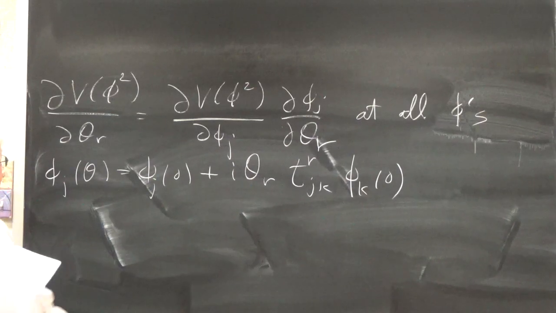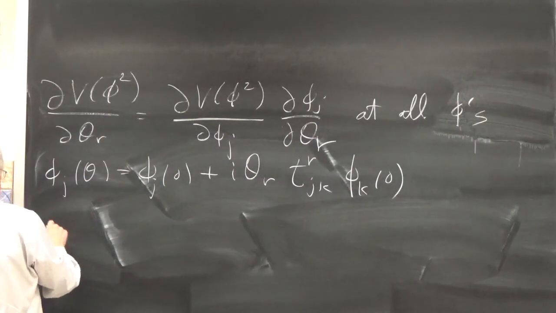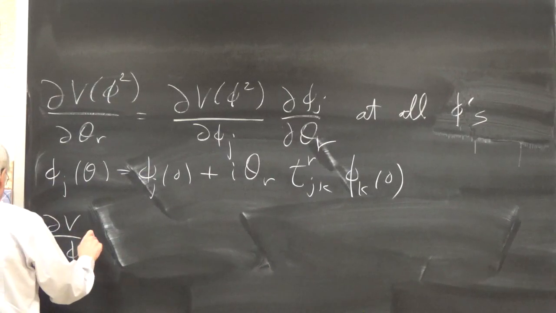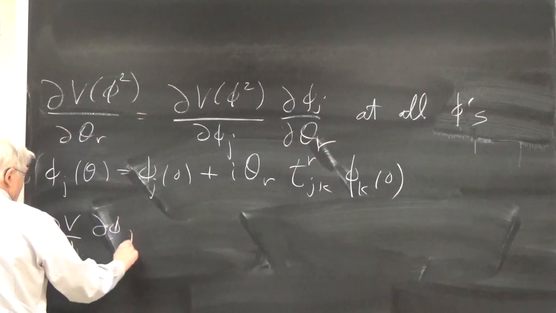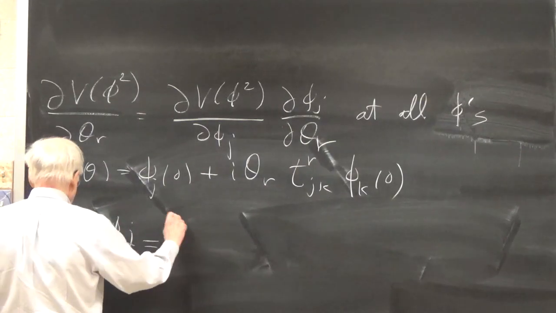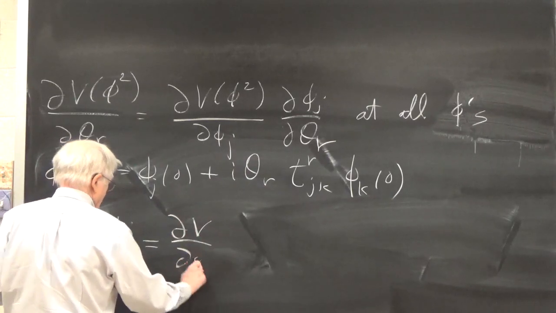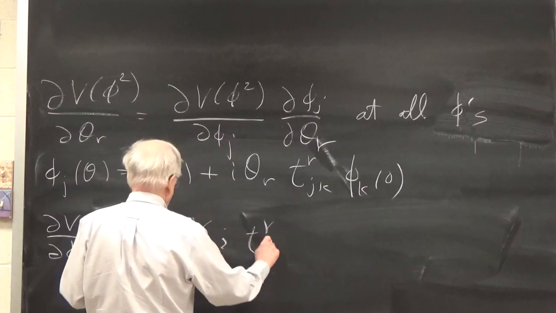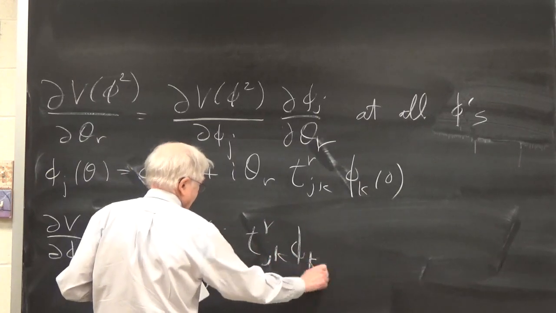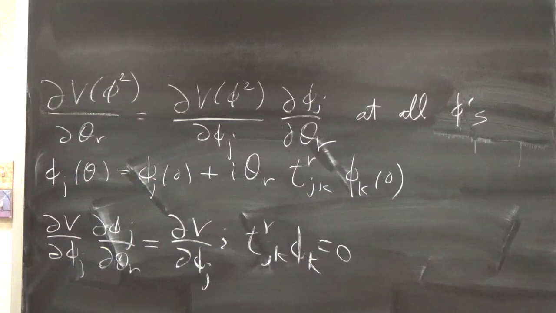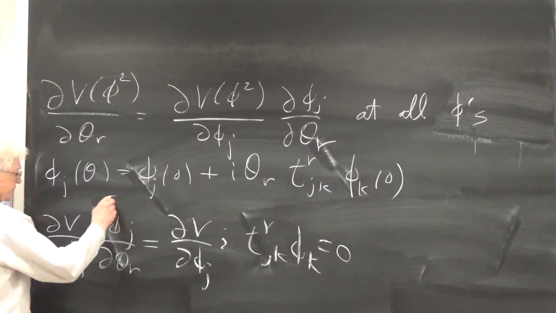And so these vanishing derivatives are partial V, partial phi j, partial phi j, partial theta r. This is equal to partial V, partial phi j, i T r jk phi k. And this is 0 for any value of any field, because this is due to symmetry.